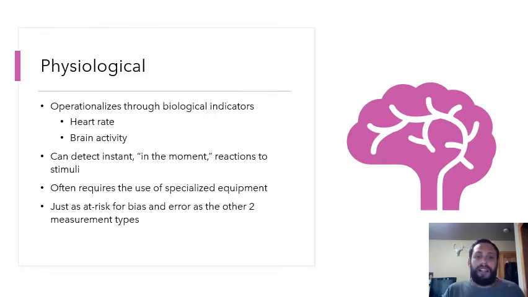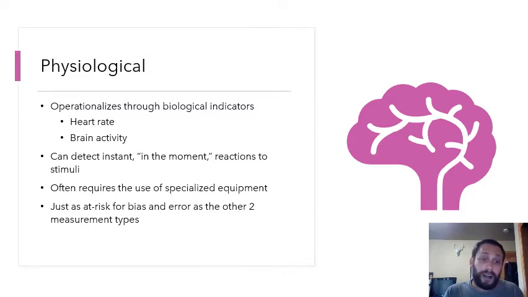Next is physiological. This operationalizes through biological indicators, so something like heart rate or a PET scan of brain activity. With this way, you can detect instant, in the moment reactions to stimuli. So if I were to prick your finger, maybe that would increase your heart rate, right? So we can see this direct indication associated with that.